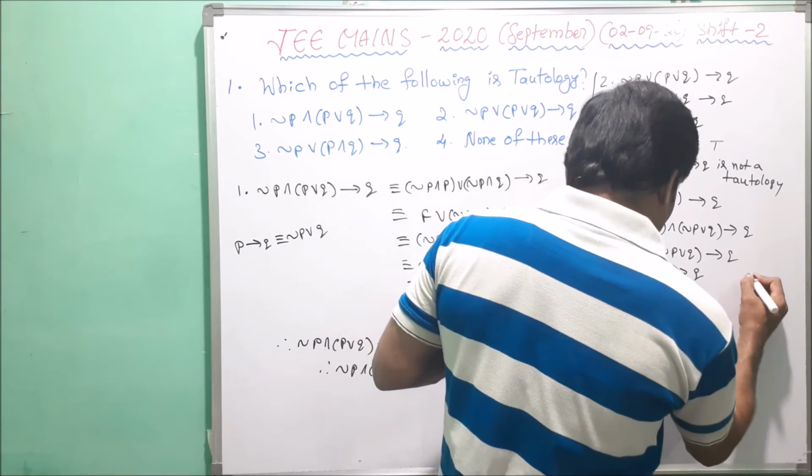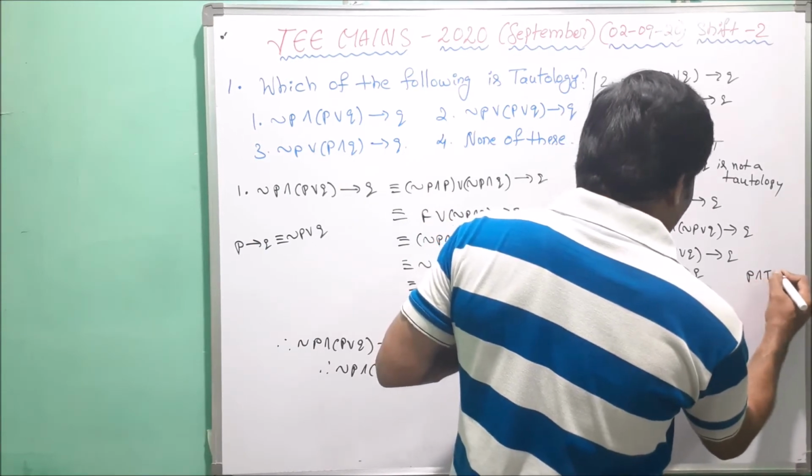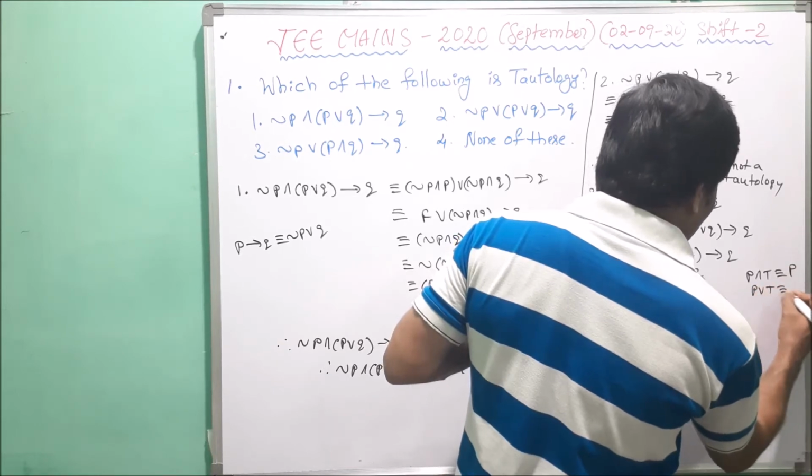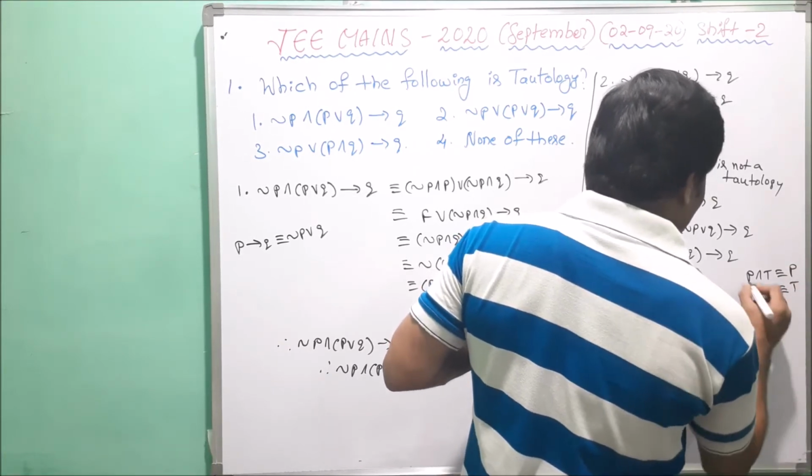Here clearly we know that P and T is logically equivalent to P, and P or T is logically equivalent to true.